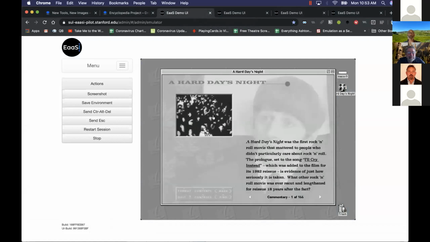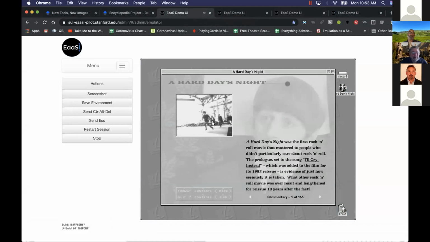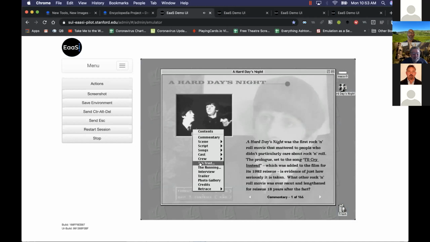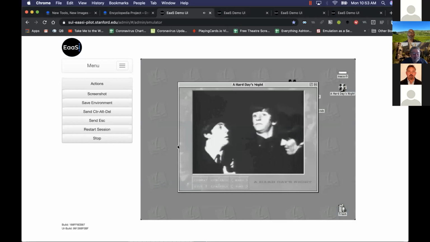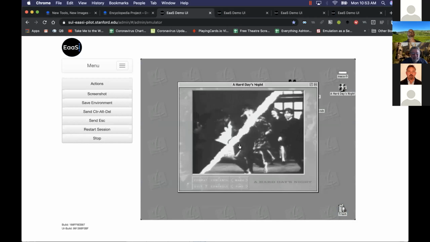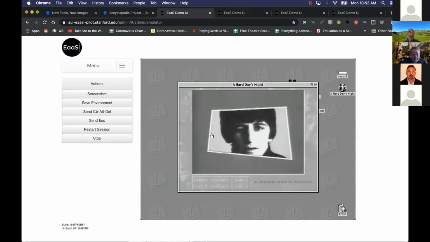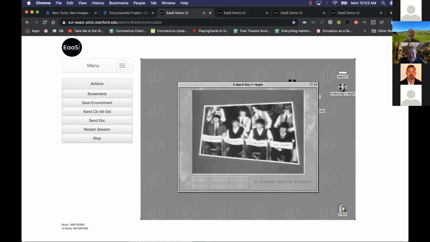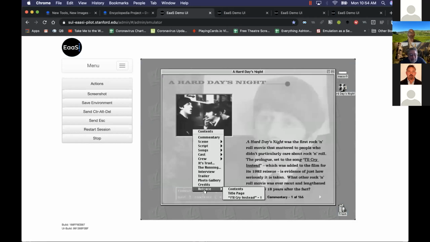Let's see. I'm sorry, the emulator is somewhat wonky sometimes with video. We could change the size. Oh, this is painful. You could access the film in lots of different ways.